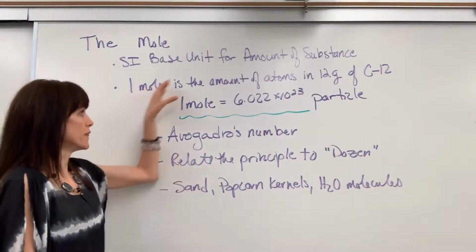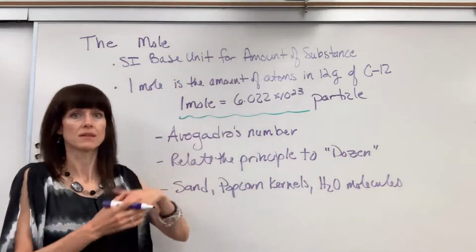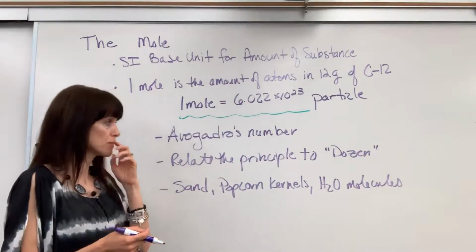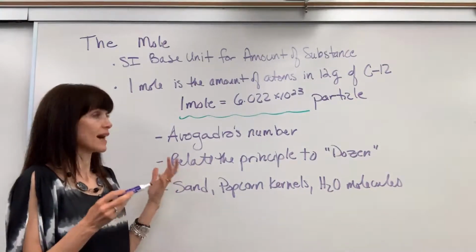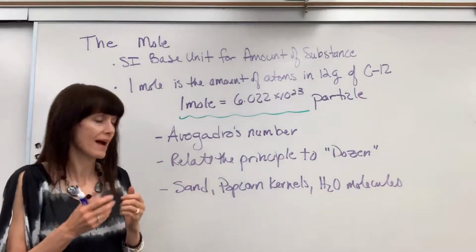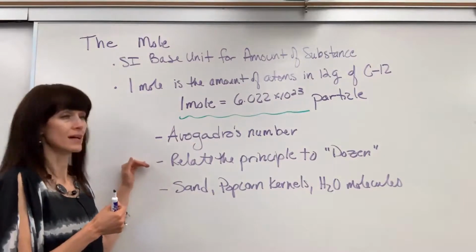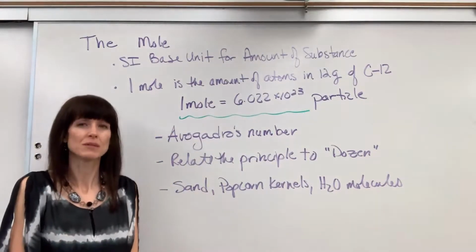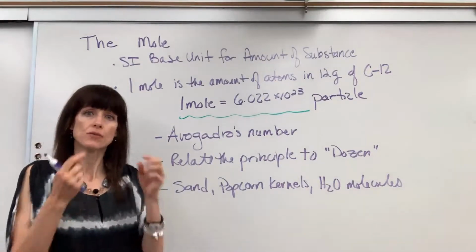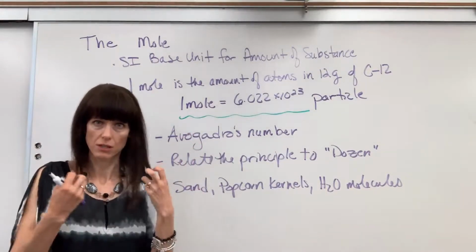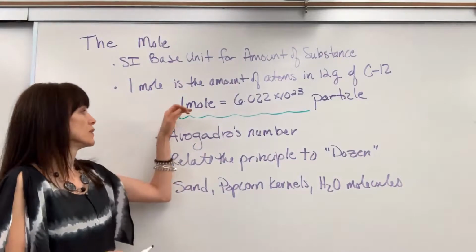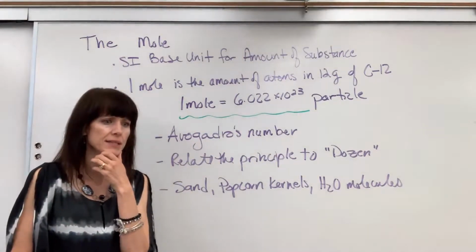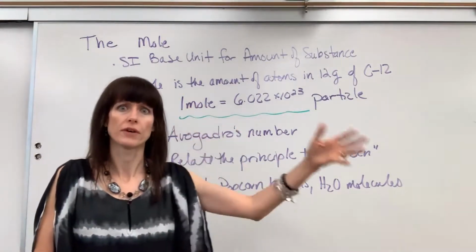We'll use this amount of substance in things related to chemistry. But it is actually the same principle as, I want to point this out, a dozen. Sometimes students have a hard time wrapping their brain around, well, what is a mole? If it helps, for the first little bit until you get your teeth into this, you can think, if I had a dozen, that means I have 12 of any particle.